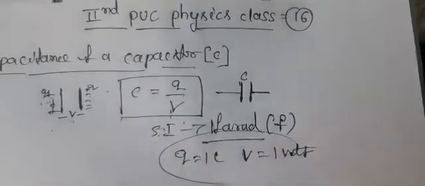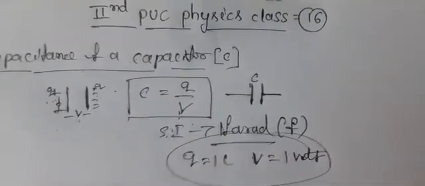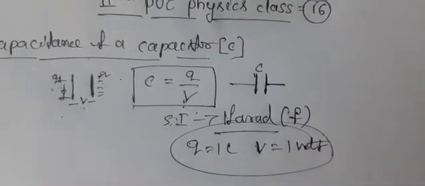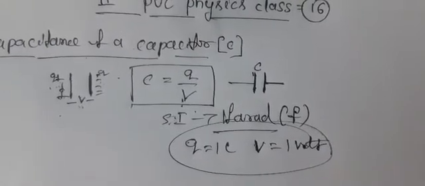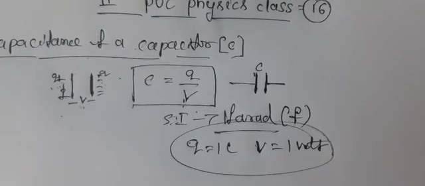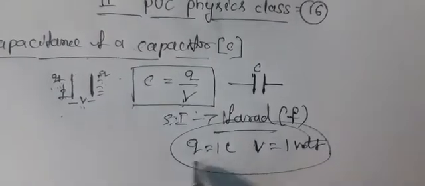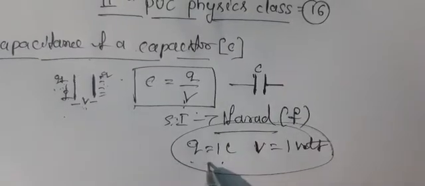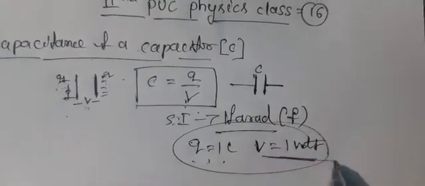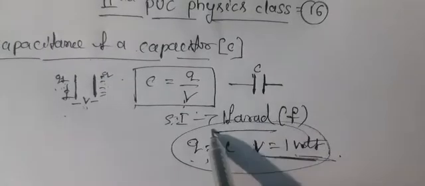That is called 1 farad. That means when the charge on each conductor is 1 coulomb and the potential difference is 1 volt, that is called 1 farad.